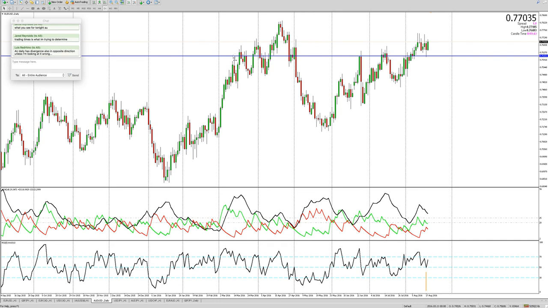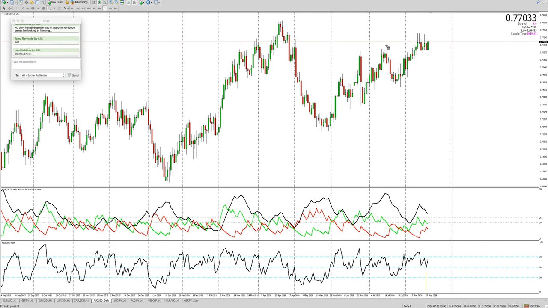Very simple. Tie it all together 2.0. All right, so we're looking for the lows and highs right here. Here's your low, which is a lower low than this wick here.